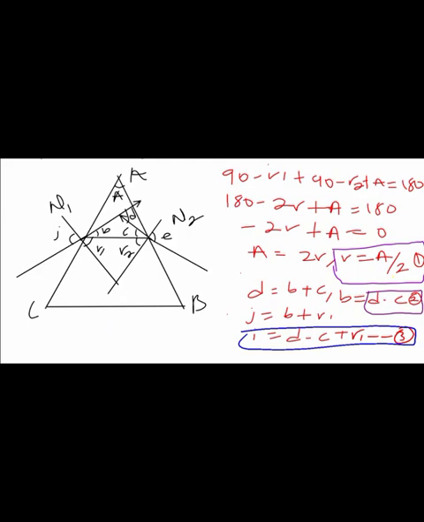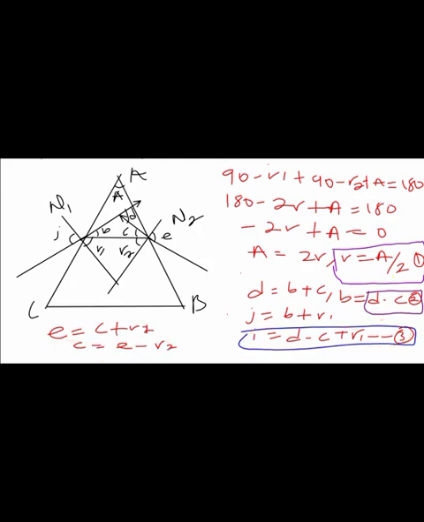Now let's clean this and continue here. Then we say that two opposite angles are equal. So from here and here, we have that E is equal to C plus R2. So C is equal to E minus R2. So we will substitute this here.